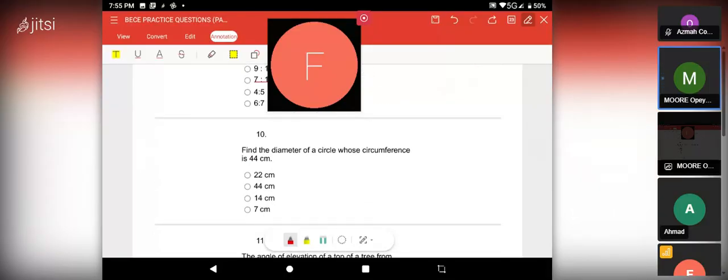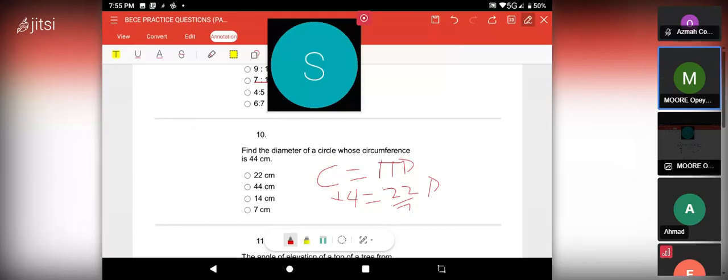Find the diameter of a circle whose circumference is 44. So it means C is equal to pi d. That is the formula you are going to use. They've told us that C is 44, which is the circumference, and we should find the diameter. So 44 is equal to 22 over 7 d.